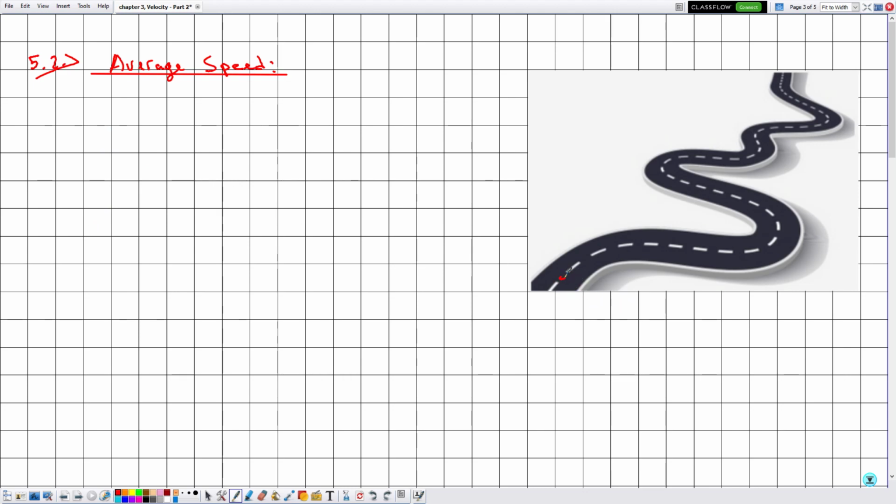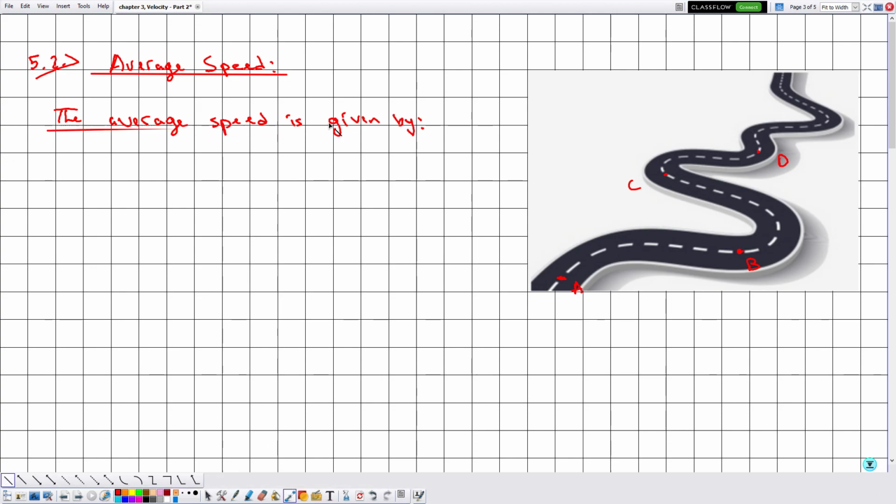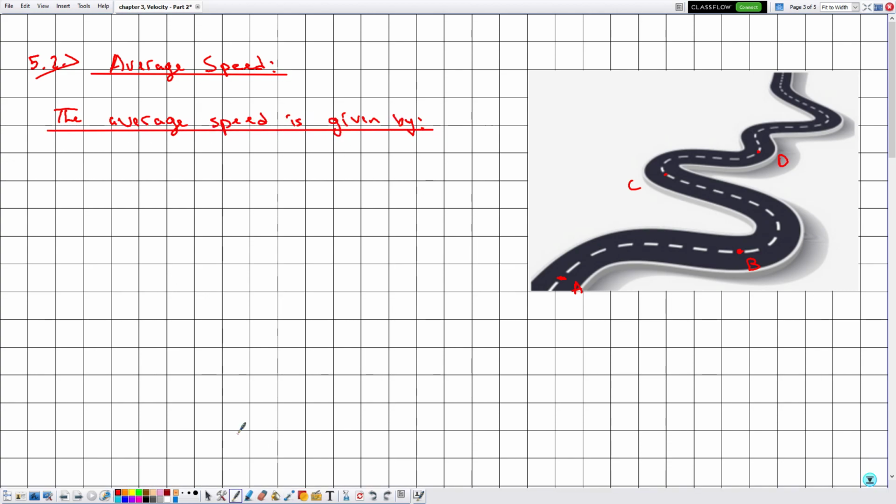Suppose that this is A, this is B, this is C, and this is D. Then the average speed Vm is equal to the total distance d divided by the duration delta t.